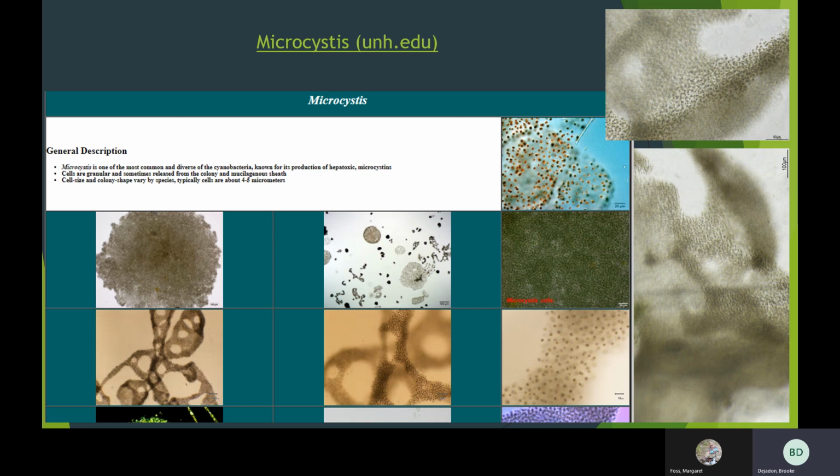Microcystis is a very common one, and it can look very different depending on the time of year and the species, and people are starting to say that Microcystis does not even have that many species, that it just changes morphologically based on the chemistry of the water.